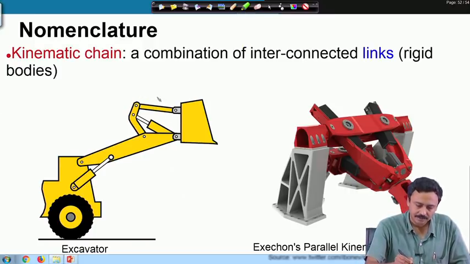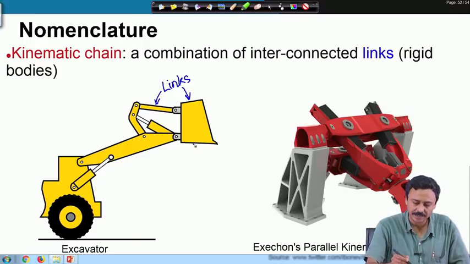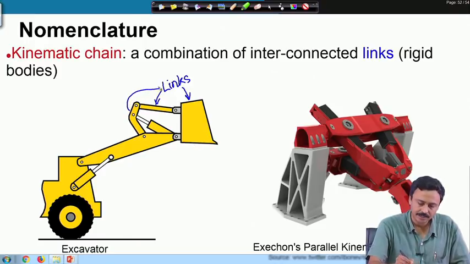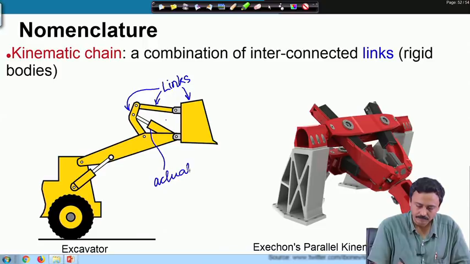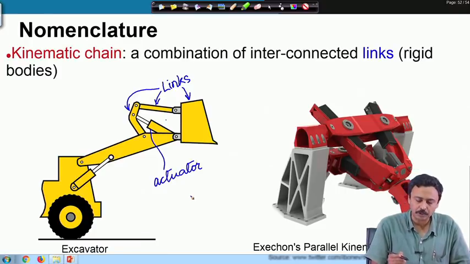So, these are links here. The bin is also a link, this is a link. So, all these parts, rigid bodies, they are links. Even this actuator is also composed of links.